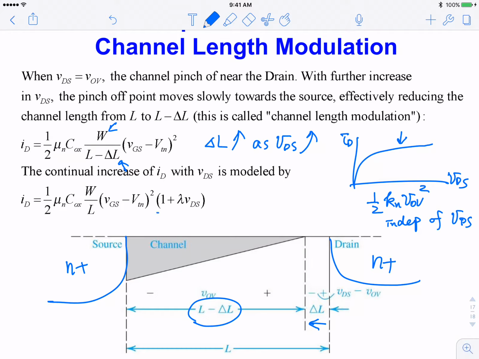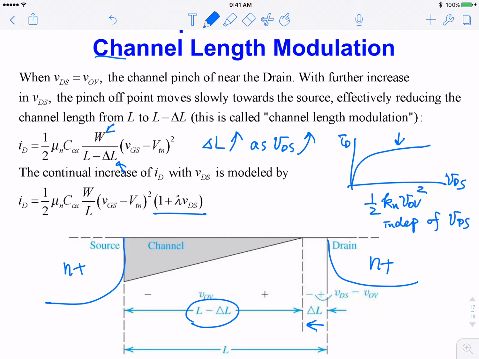So your channel is getting shorter and shorter. Phenomenologically, we just use this parameter to represent this channel length modulation. So we call this lambda, the channel length modulation parameter. The actual effective channel gets shorter as we apply more bias on the drain.